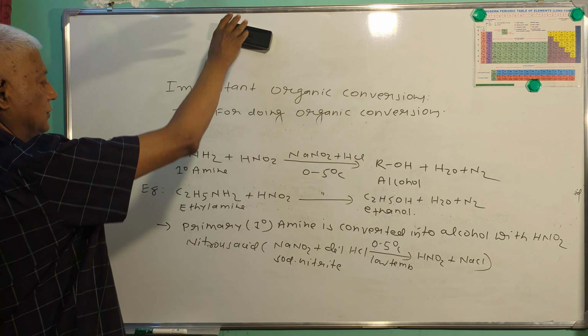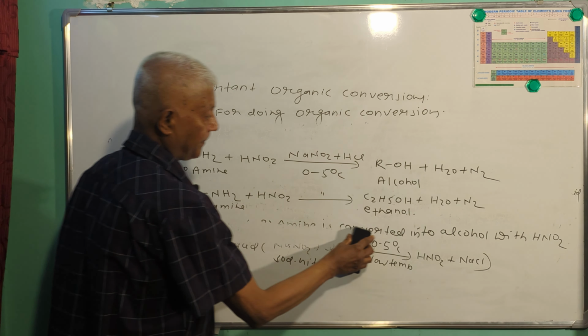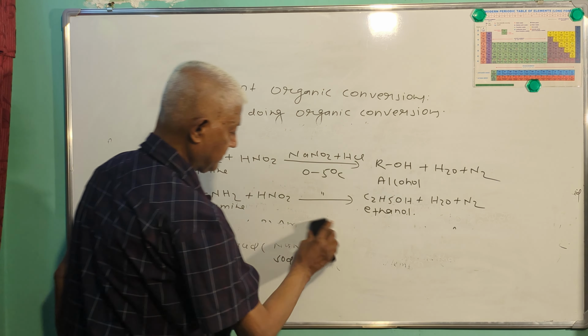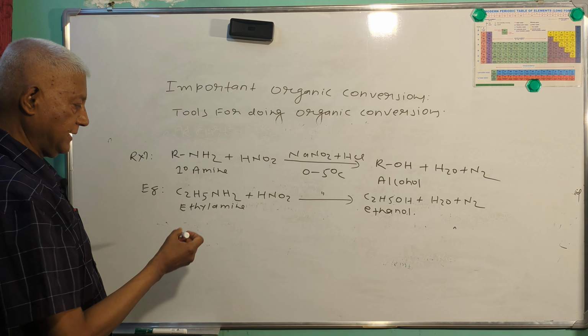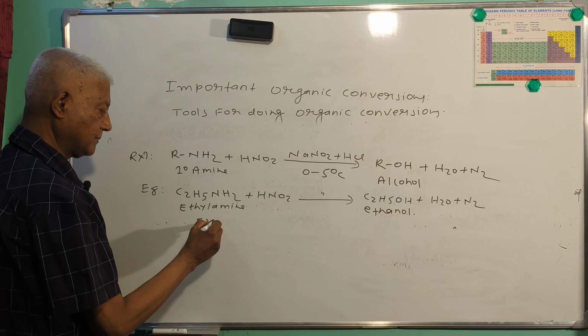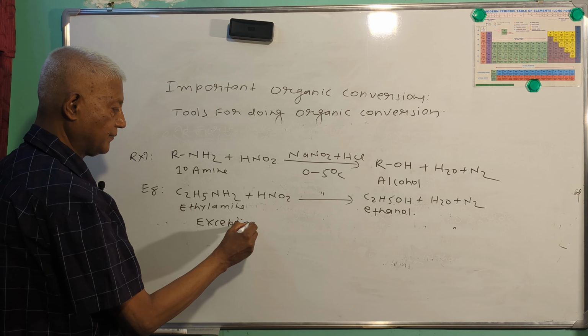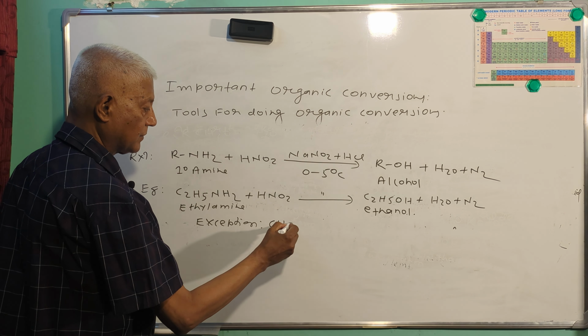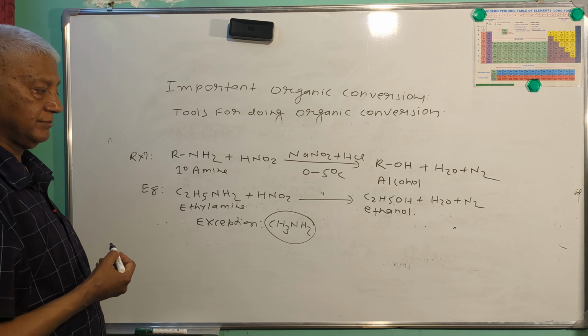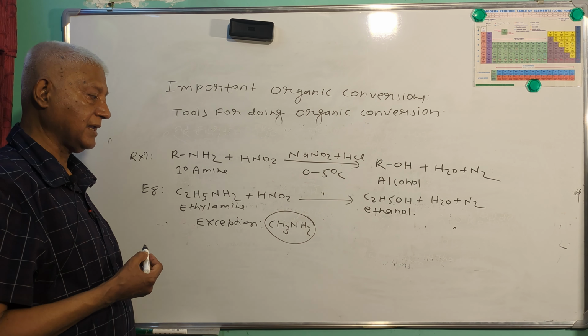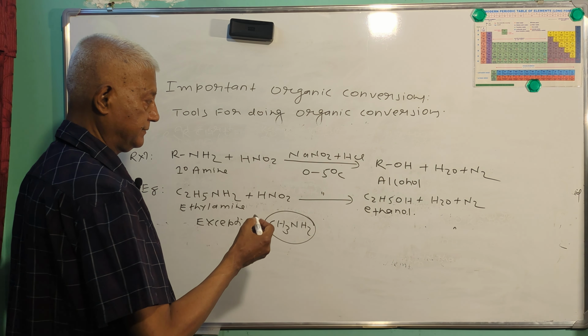Yes. So we cannot convert methyl primary amine into alcohol. Exception: methylamine. You cannot convert methylamine into alcohol.